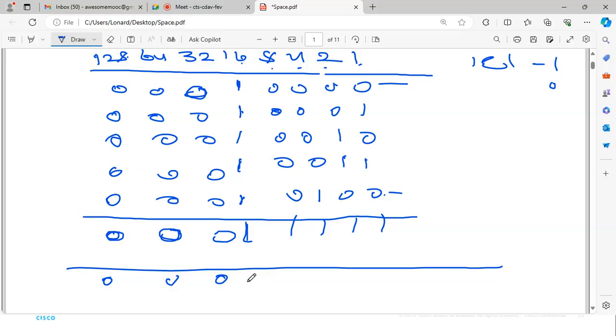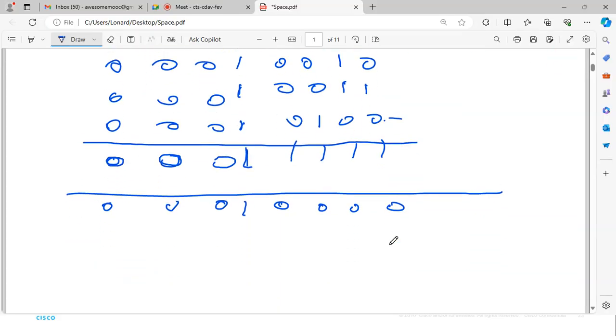So here we give it a 1. Then the rest here, as you can see, there are no other columns that will give you a 1. So these other ones are also zeros.